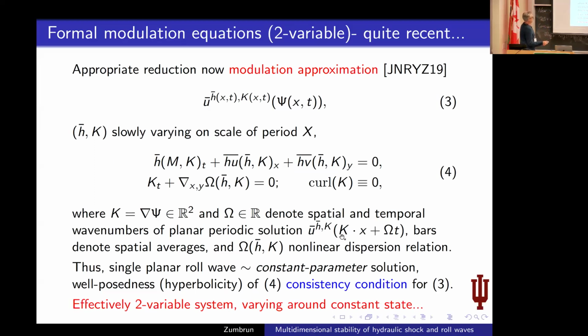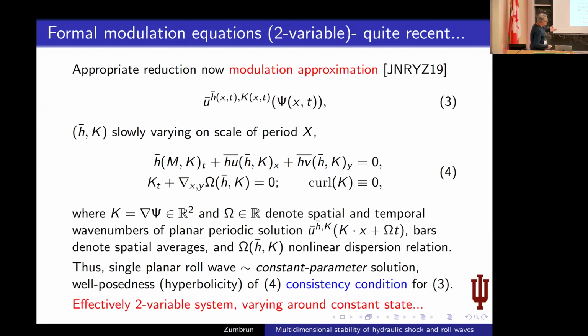And here's what our solutions look like: k dot x plus omega t. And okay, so with this setup, a single planar roll wave, like the 1D roll wave just extended in y, would correspond to a constant parameter solution. It would be just one value of h bar and k.